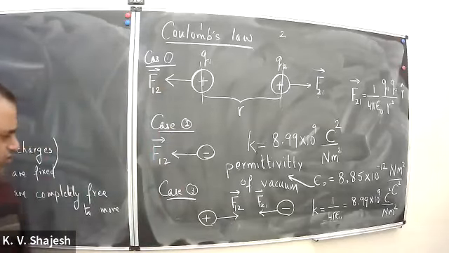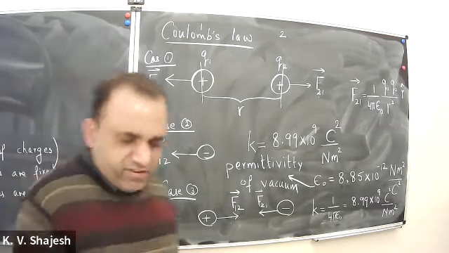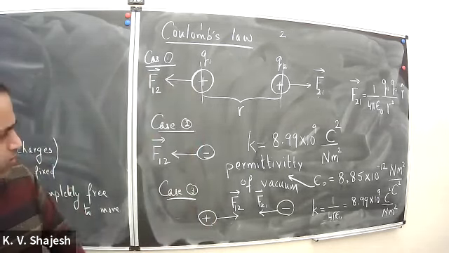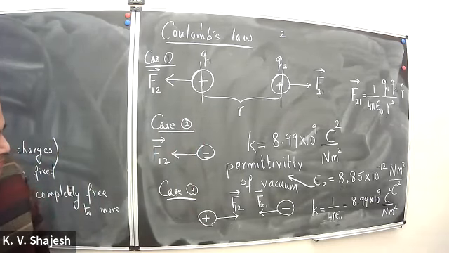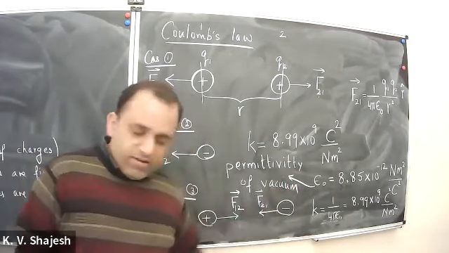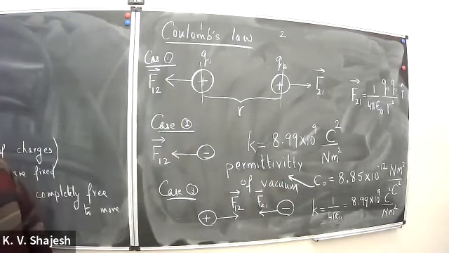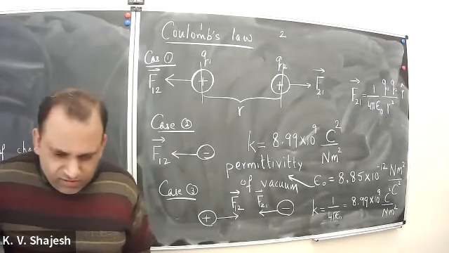Most of the time, we will work with vacuum, and there will be very rare situations, I think only one section or so, somewhere around the 4th week, where we will talk about the permittivity of a material instead of a vacuum. Okay. Any questions?